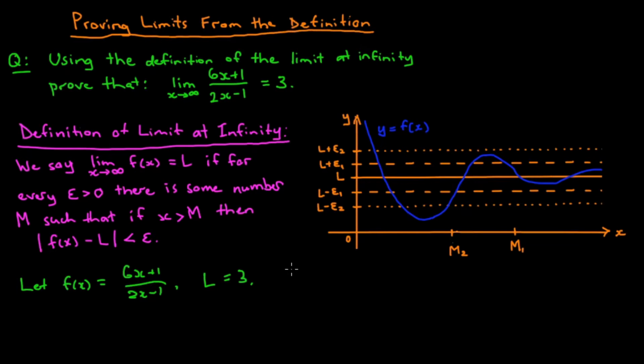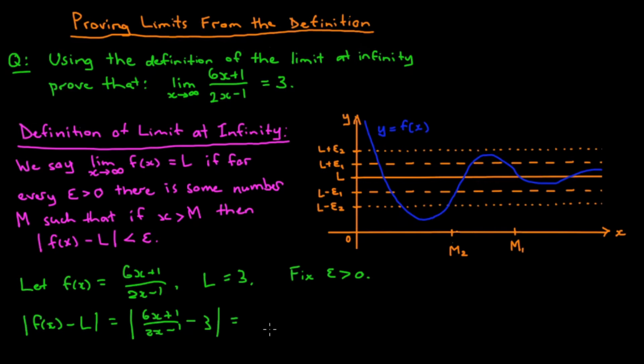We'll start by fixing some arbitrary value for epsilon, which is greater than 0, and we'll begin by looking at this distance from the function value to the limit L. f of x minus L equals, in our case, (6x + 1) over (2x - 1) minus 3.